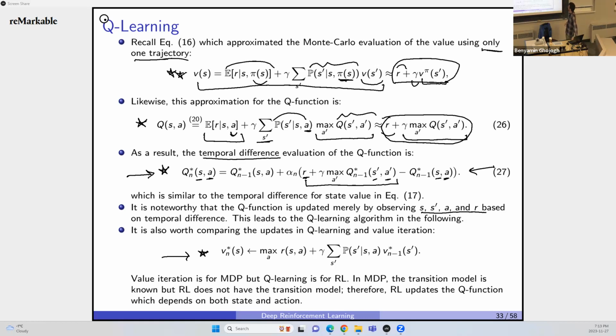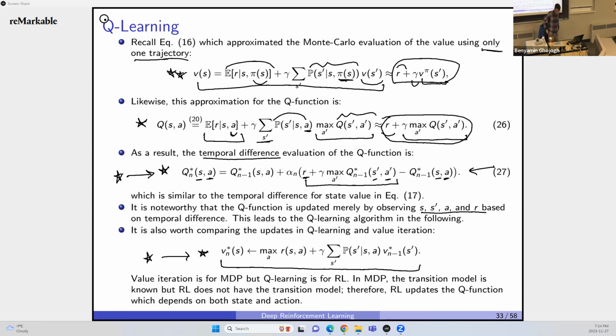And by the way, let's compare it with the update of value in value iteration. Do you remember the value that we had in the value iteration? It was this. Let's compare these two. What do you see? First off, let me tell you this.